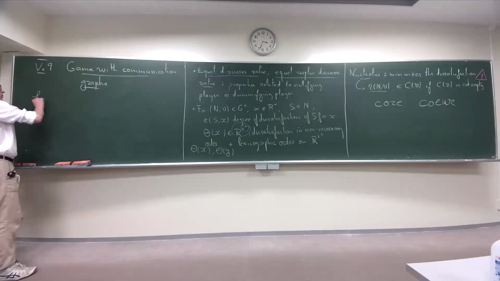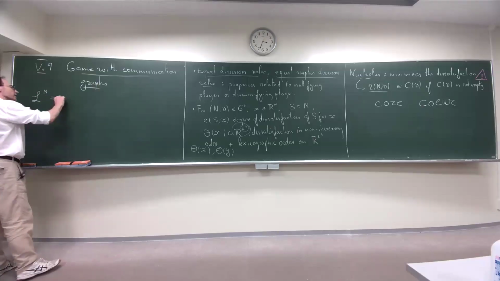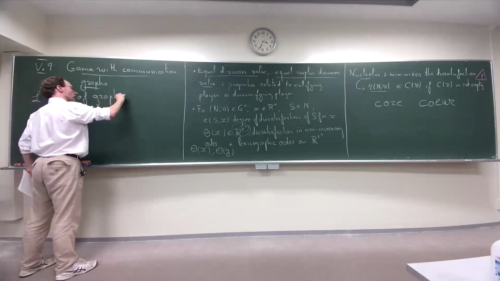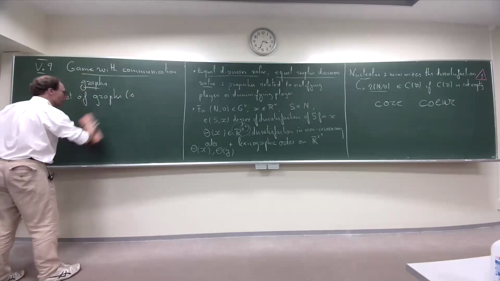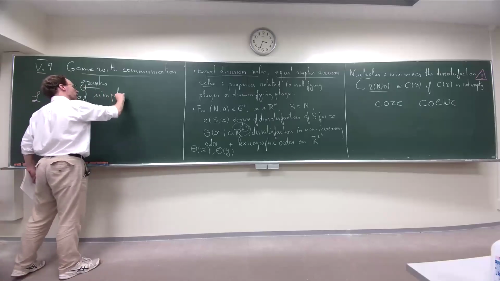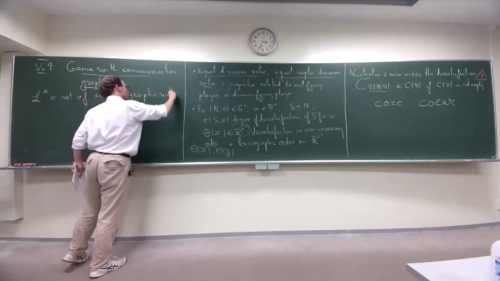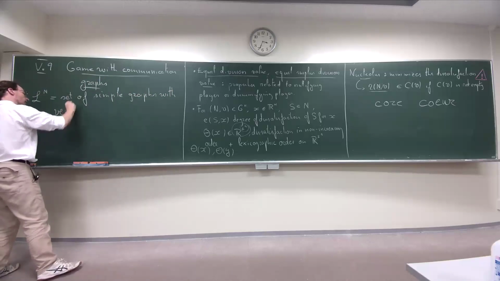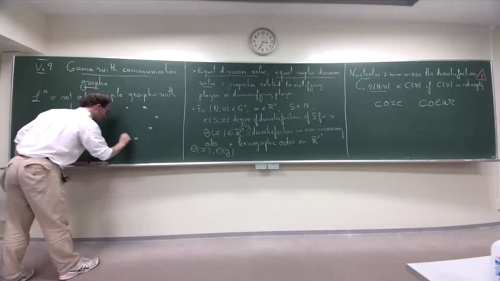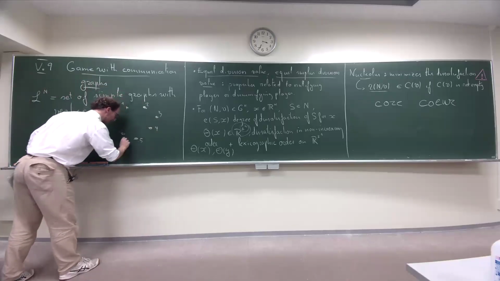So I'm going to call curly L index n a set of graphs. They are simple graphs with n vertices. So what does it mean? You put n points, and of course I'm going to call them 1, 2, 3, 4, 5, 6, 7.